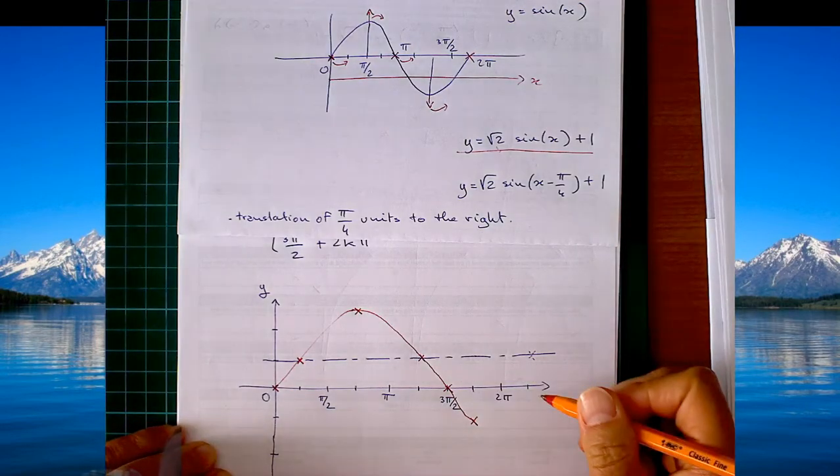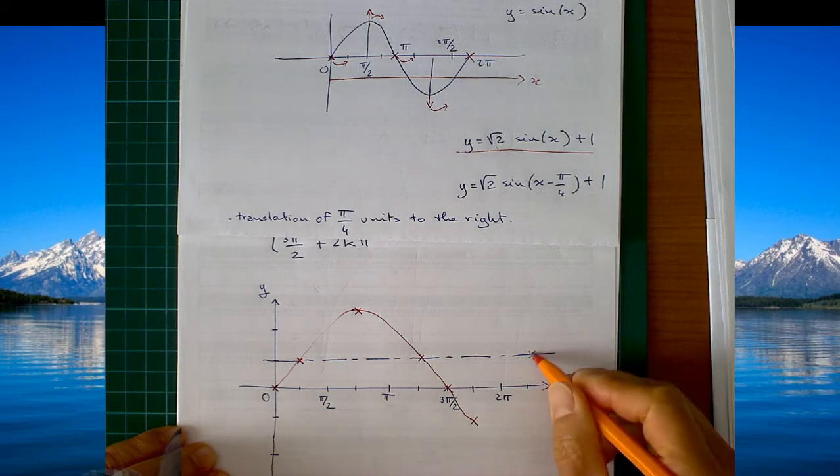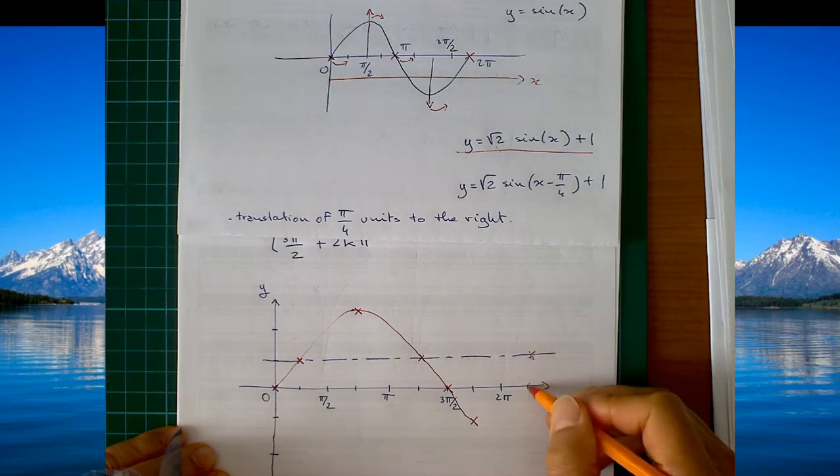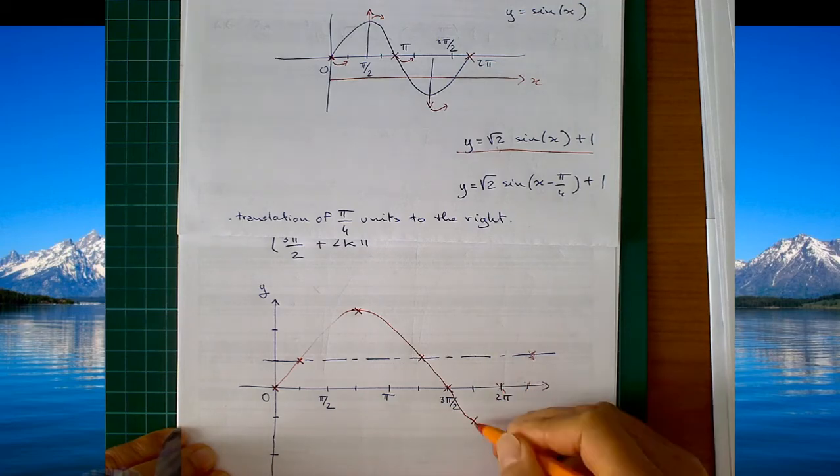So that's the minimum. There was another one. Actually, that's wrong. It's over here. No, wait. Yes, it is. Or not? No, it should be 2π. Yeah, it's 2π. Sorry, it's here. So that was correct.